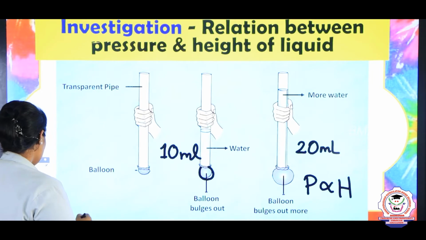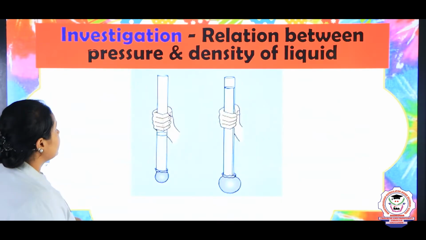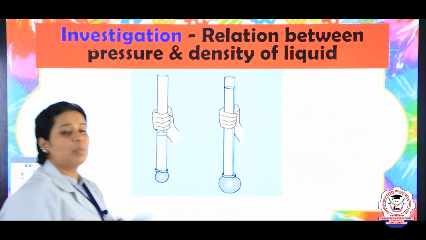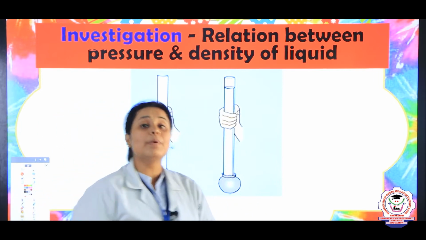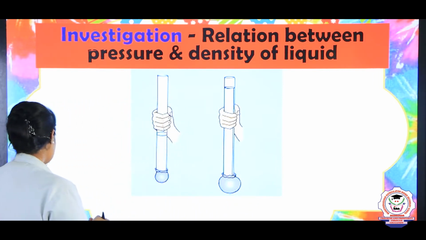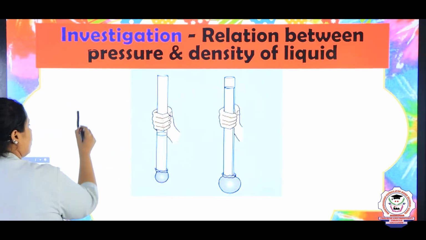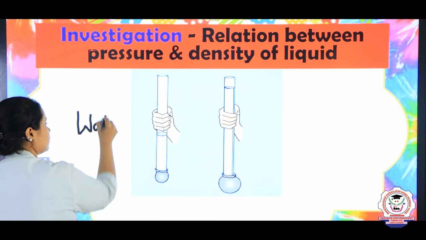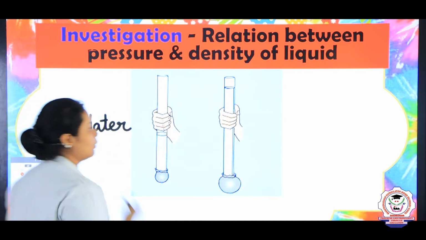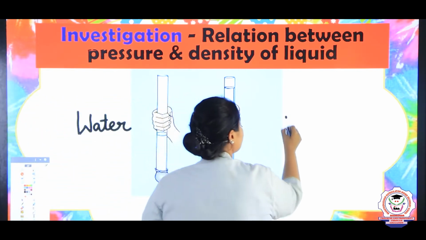After this, we need to see the relation between the density of the liquid and the pressure it is exerting. For this, again we take two liquids. One liquid is normal water and the other liquid is kerosene.